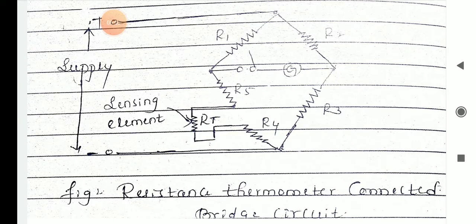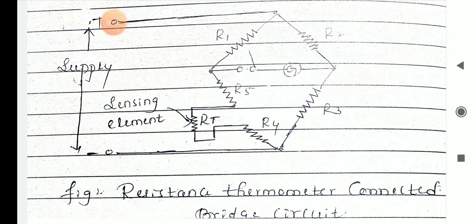Second point, the bridge consists of a sensing element, resistance RT, and R1. Resistances R2 and R3 are other resistances connected as arms of the bridge. You can observe in the diagram RT, R1, R2, R3. R4 and R5 are the resistances of the leads connected to the sensing element.